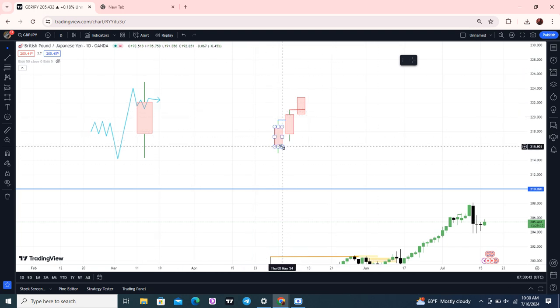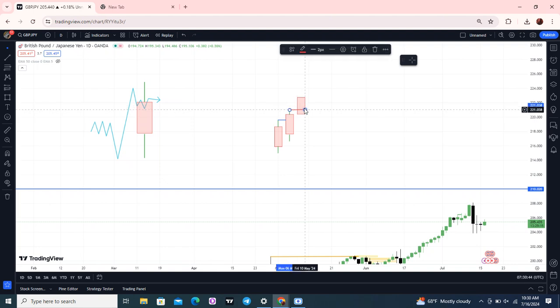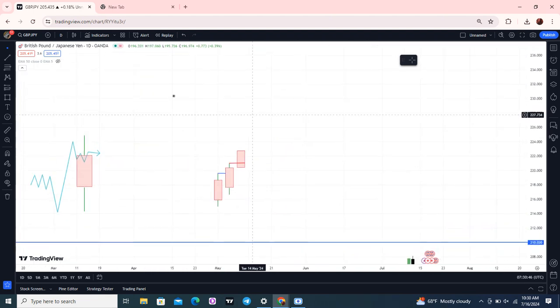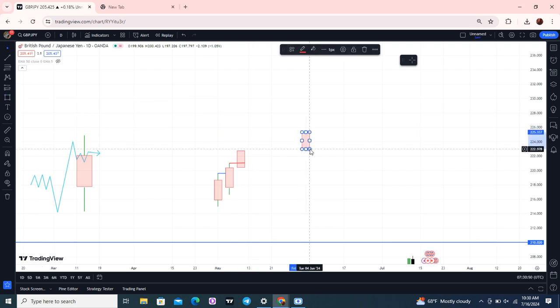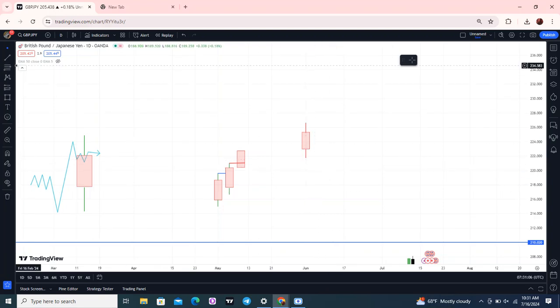Then what happens when I come on my charts and find that yesterday's candlestick was like this. Then today's candlestick opened from here.